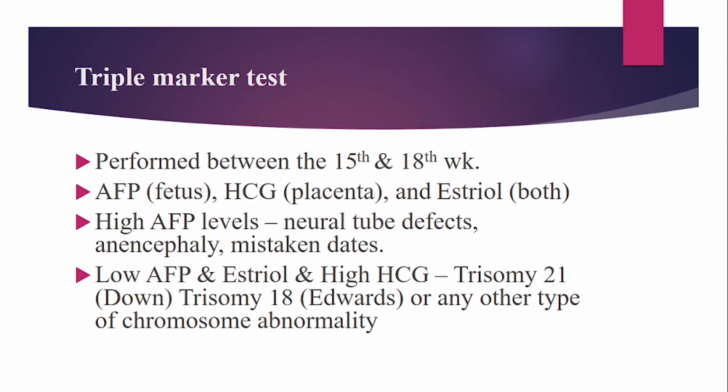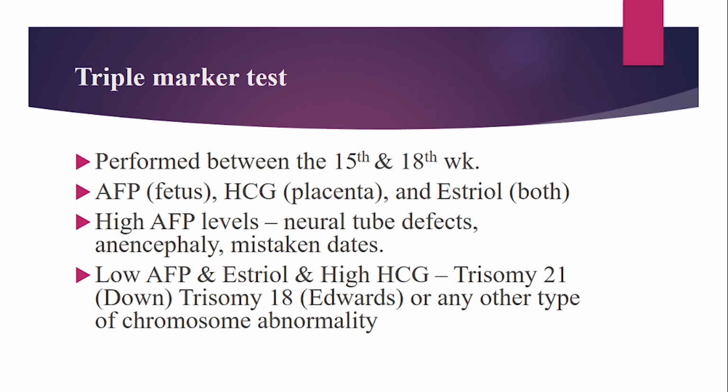Triple marker test is also performed between 15th and 18th week, and this includes the alpha-fetoprotein, HCG, and estriol. When you have high alpha-fetoprotein levels, it suggests neural tube defects, anencephaly, and even it may be a wrong date.